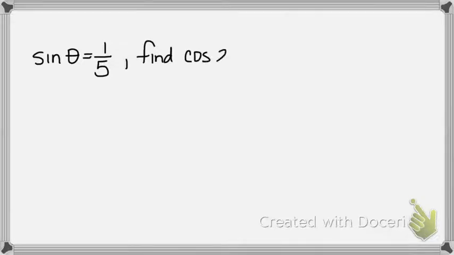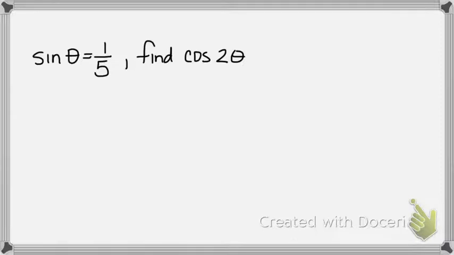So for number 3, it tells you that the sine of theta is 1/5. It gave you the interval, which is quadrant 1, and it wants us to find the cosine of 2 theta. Okay, there are 3 choices.